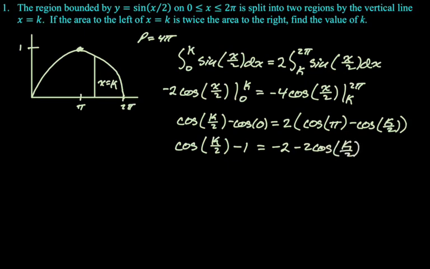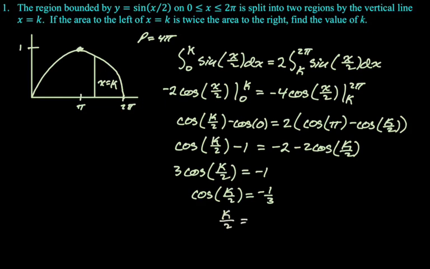All right, I'm going to add 2 cosine of k over 2 to both sides, and I'm going to add 1 to both sides. So I'm moving everything to its own side. I get this, which means that cosine of k over 2 is negative 1/3. Now the question is whether that is where we need it to be. It definitely is, because we can say k over 2 is the inverse cosine of negative 1/3.